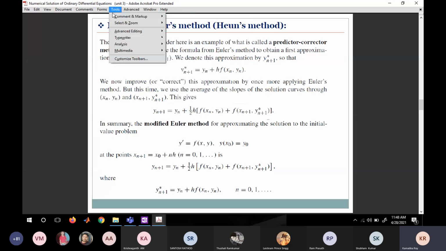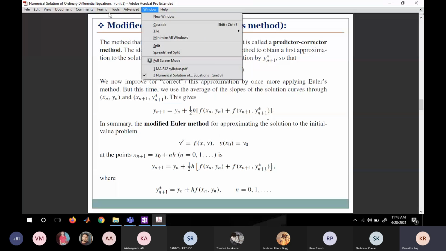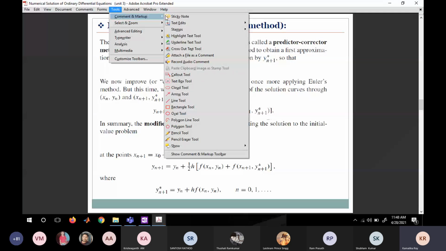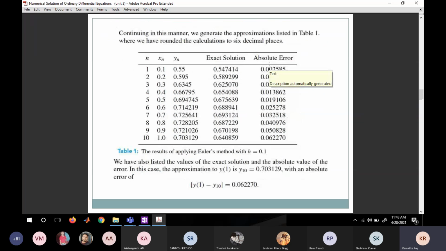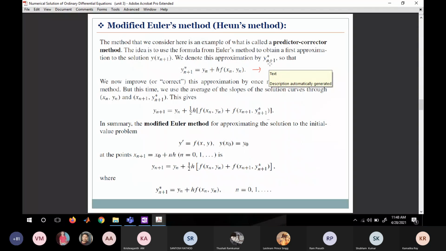What I said before is the geometrical interpretation, but if you are reading only for the exam, this formula will be enough. Firstly we are predicting with the regular Euler method predictor, then using this to find the improved solution y(n+1).